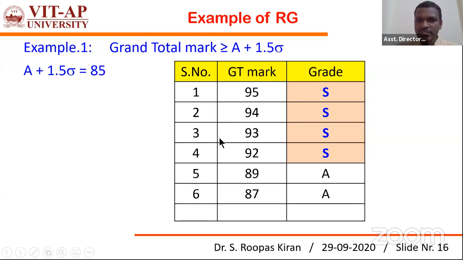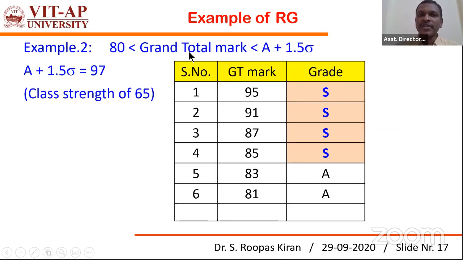Some students secured a minimum of 90, and all those numbers are more than A plus 1.5 sigma. So these marks satisfied both conditions: it should be more than or equal to A plus 1.5 sigma, and also it should be a minimum of 90. So all these marks will be given S grade, and below 90, even though it is more than A plus 1.5 sigma, those will be given A grade.